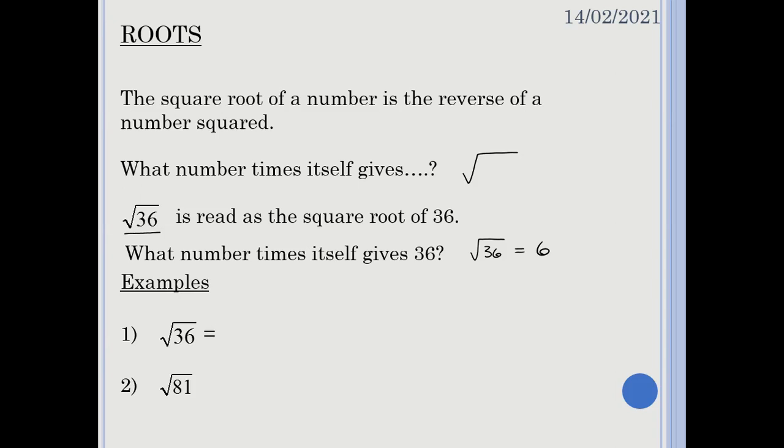If we've got the square root of 81, then I'm saying to myself, what number multiplied by itself gives me 81? I know that 9 times 9 is 81, so the square root of 81 is going to be 9. For the square root of 49, I know that 7 times 7 is 49, so the square root of 49 is 7.